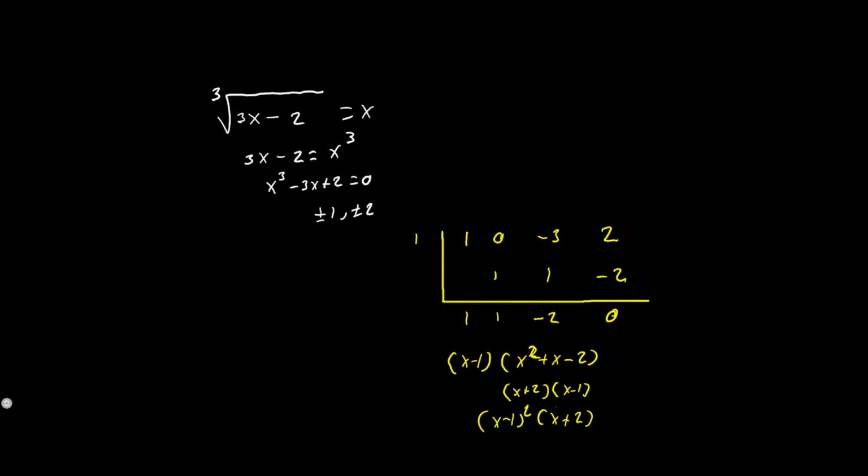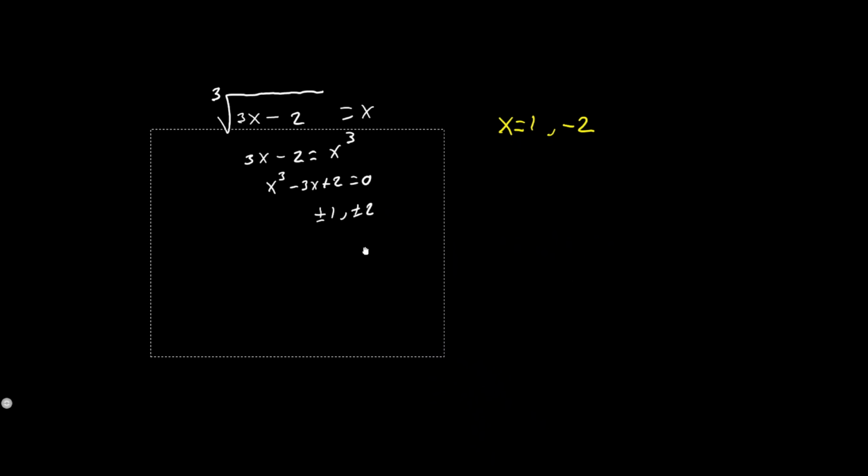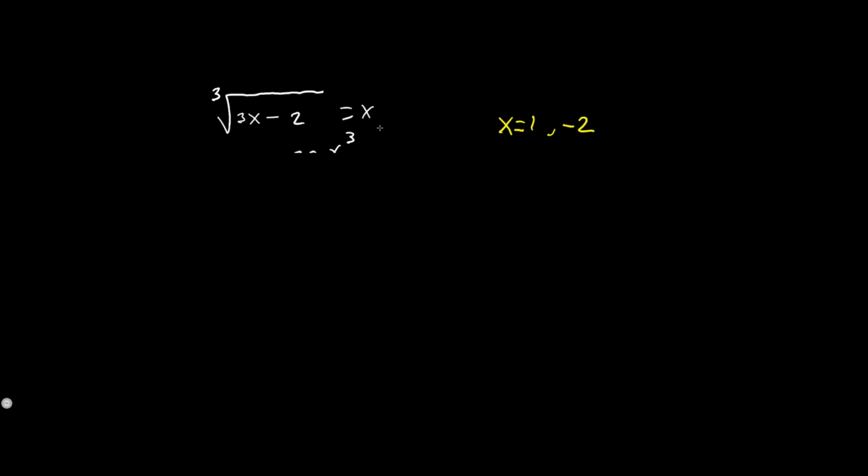So let's go ahead and set everything equal to 0. And we are going to find x is equal to 1 and negative 2. So we have two solutions, where we also have that one is a multiplicity, so we don't really need to list the second one down, so we just get two solutions.